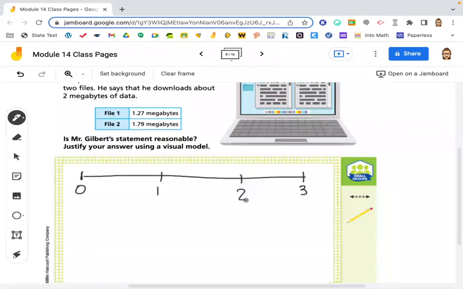So we'd have 1, 2. We can even, if we want, do a little dash, split it in half. So if we plot file 1, it's going to be somewhere around here. So 1 and 27 hundredths is there. And then file 2 is going to be somewhere in here.